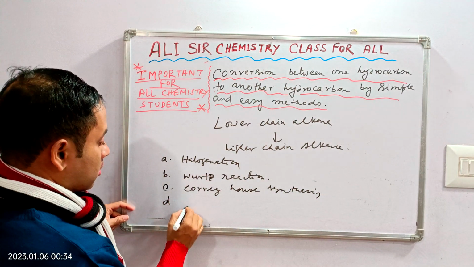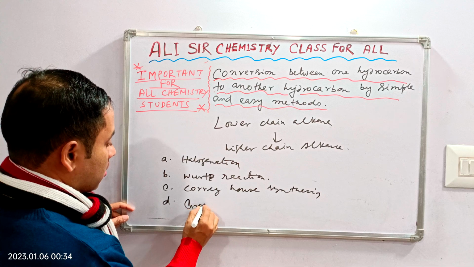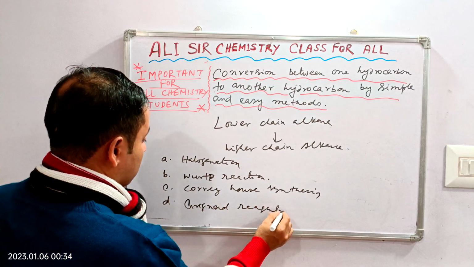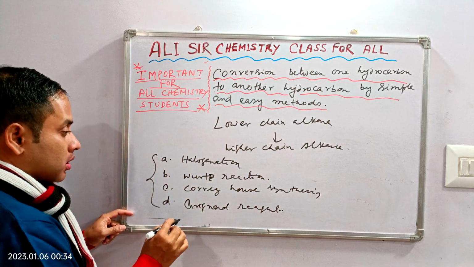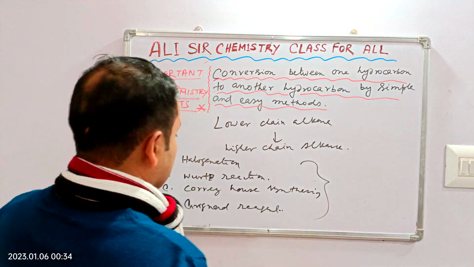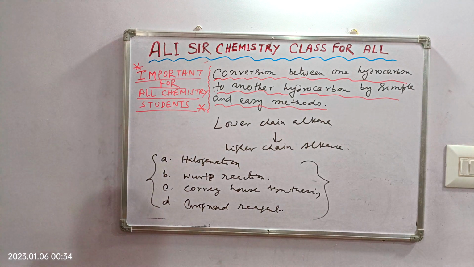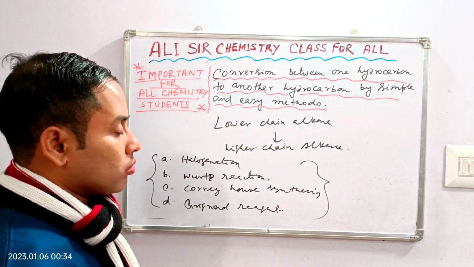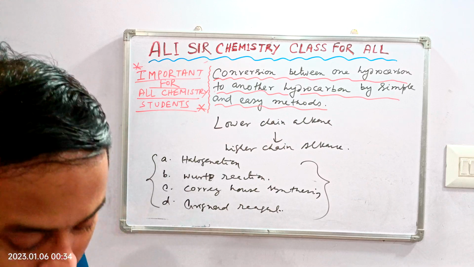Number 4 is Grignard reagent. So these 4 reactions you have to remember for the conversion of lower chain alkanes to higher chain alkanes. Okay.